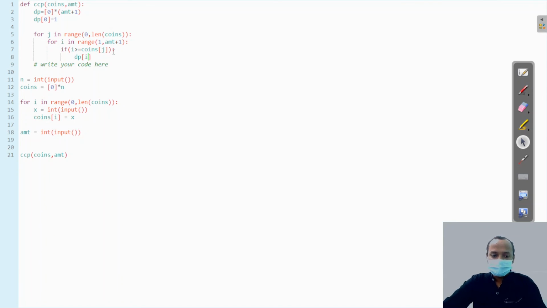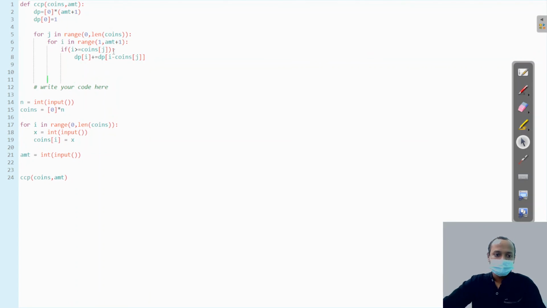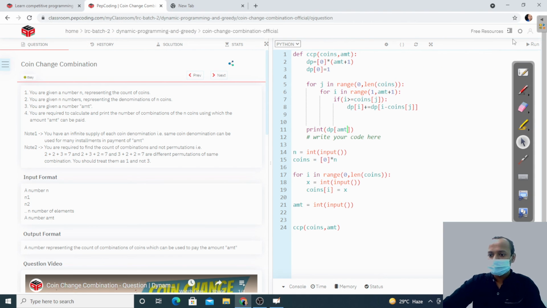I'm writing dp of i plus equals dp of i minus coins of j. Now we just print our answer, dp of amount. So let's run this code.